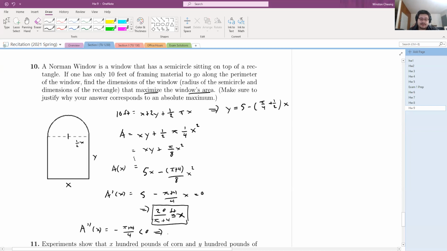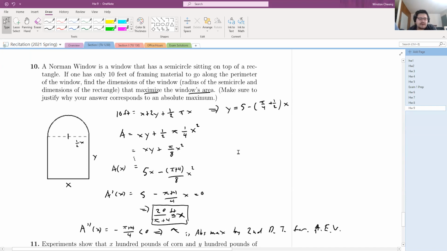Which allows us to conclude that that value that we found above is an absolute max. And it's by the second derivative test for absolute extreme values. I'm abbreviating for sake of time, so sorry.